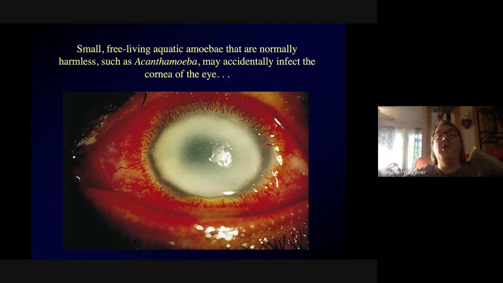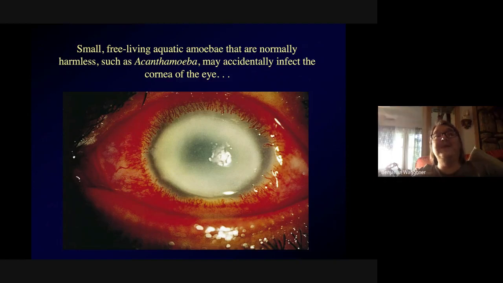Acanthamoeba is normally harmless, but it's capable of causing infections. And one way it can happen is if you get them contaminating things like contact lens solution. If they blow into your eye, normally your tears wash them out.